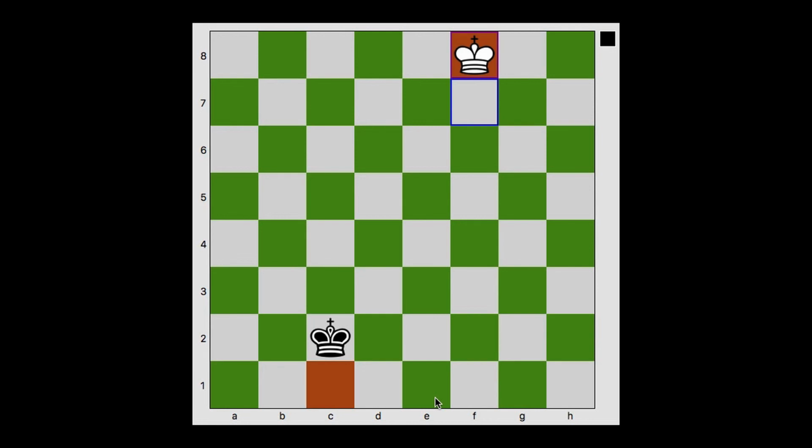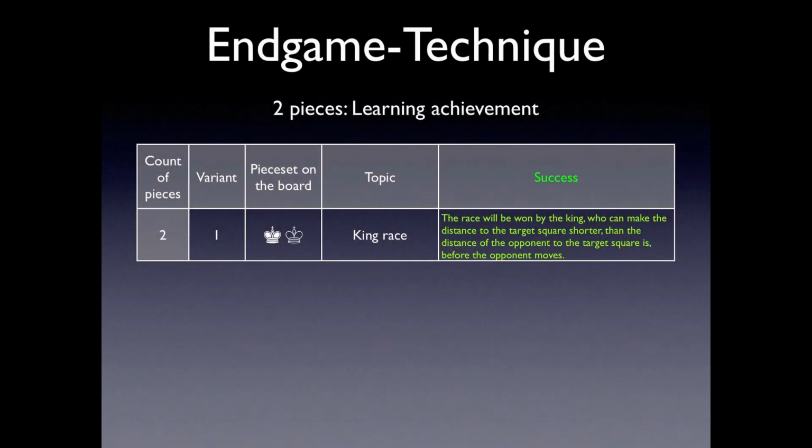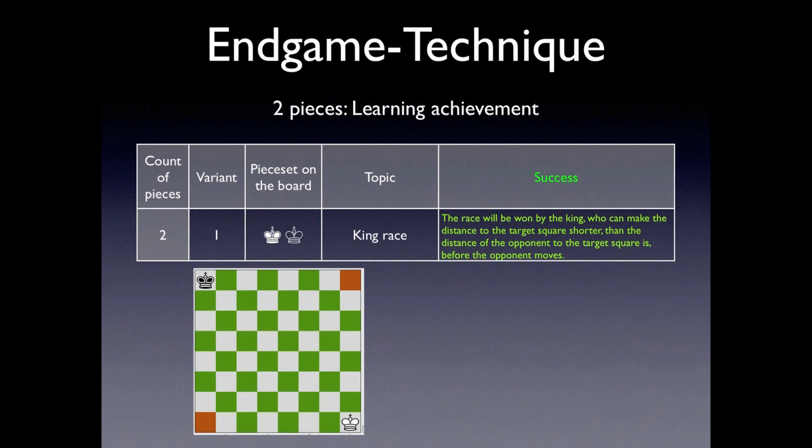And we have found out our first small, but at least our first rule. In the first position, it was white to move, to run 7 fields, and also black 7 fields.